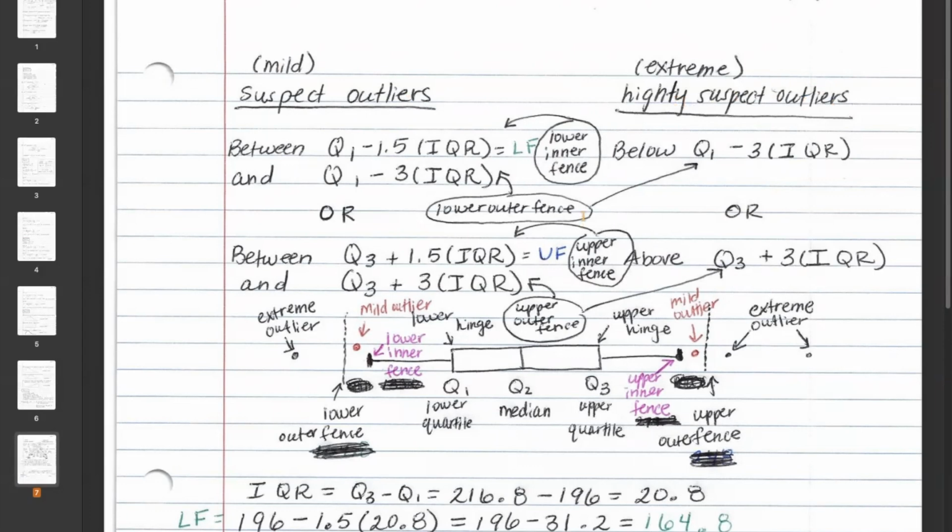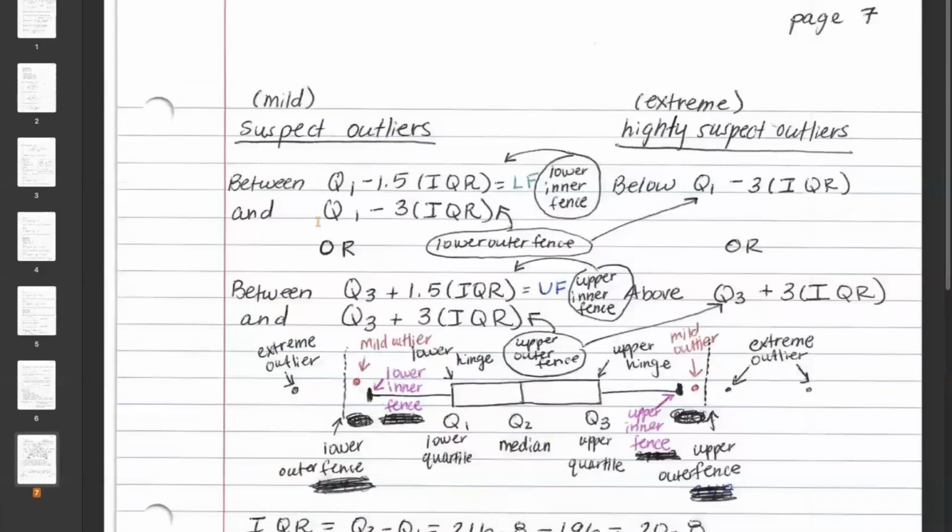Because I know low and high can kind of be confusing. And I'll get into that later. But okay, so if we have mild outliers, then that means it's going to be between the lower inner fence and the lower outer fence, or it would be between the upper inner fence and the upper outer fence. And if we have extreme outliers, then it could either be below the lower outer fence or above the upper outer fence.